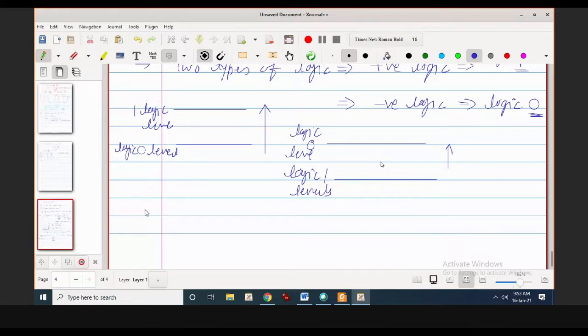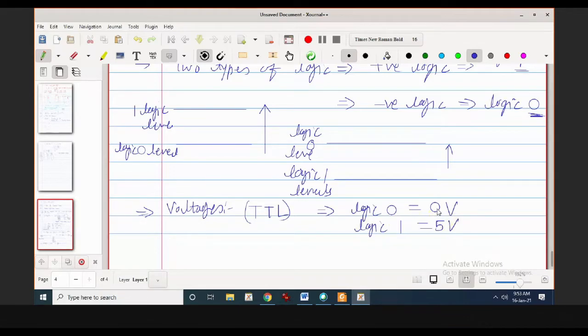In terms of voltages, in positive logic, say TTL, transistor-transistor logic, an IC manufacturing technology, my logic 0 is taken as 0 volts and my logic 1 is taken as 5 volts.